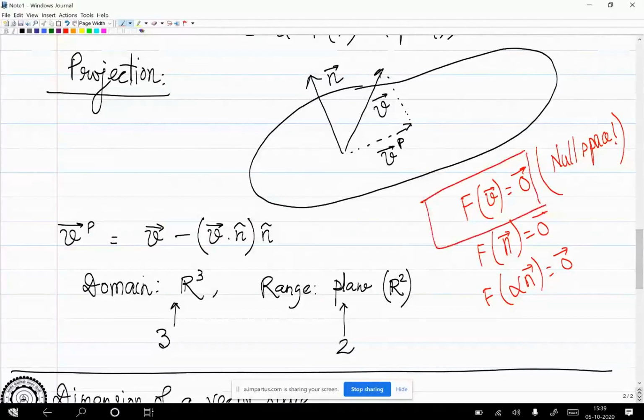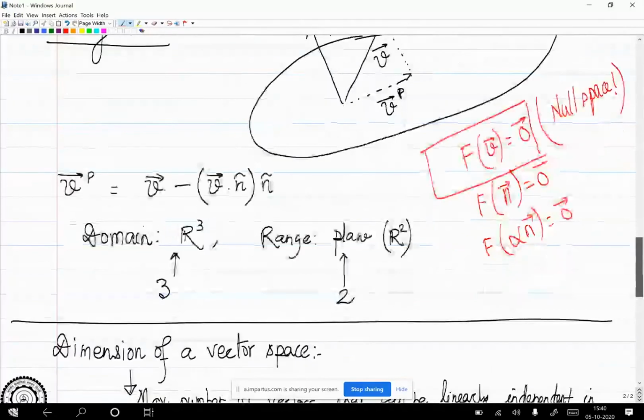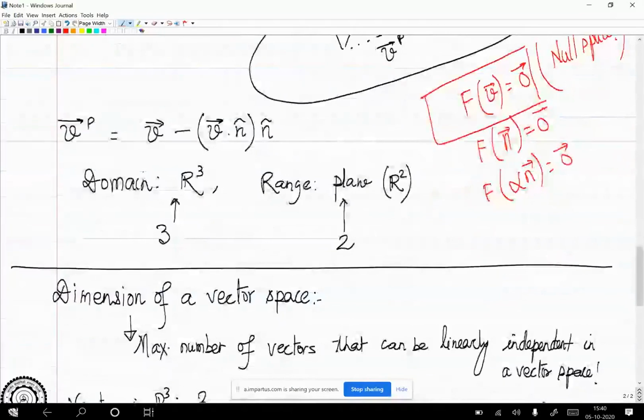If V is in null space, then f of V should become 0. And in this context, for the projection transformation, V is any vector along n. So that example was only for the projection.